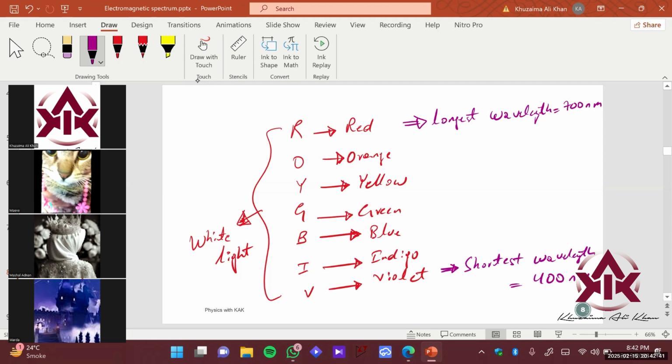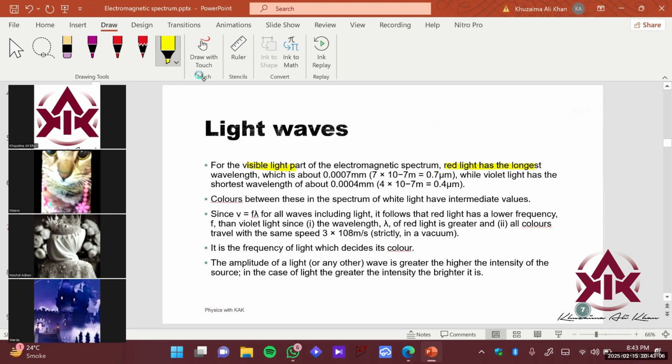You don't need to learn the middle values. If you know the boundaries and have learned this mnemonic, you will be able to sort the colors from highest to lowest wavelength. That is the way to remember this white light spectrum.